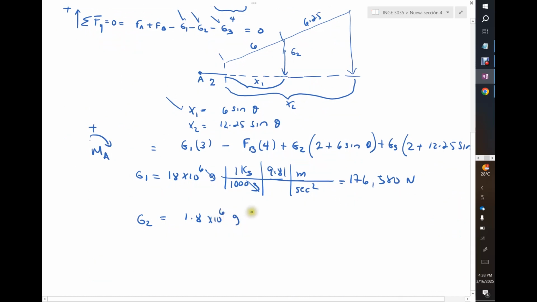We do the same: 9.81 divided by 1000. That's 1.8 times 10 to the 6 times 9.81 divided by 1000, roughly 17,658 Newton.